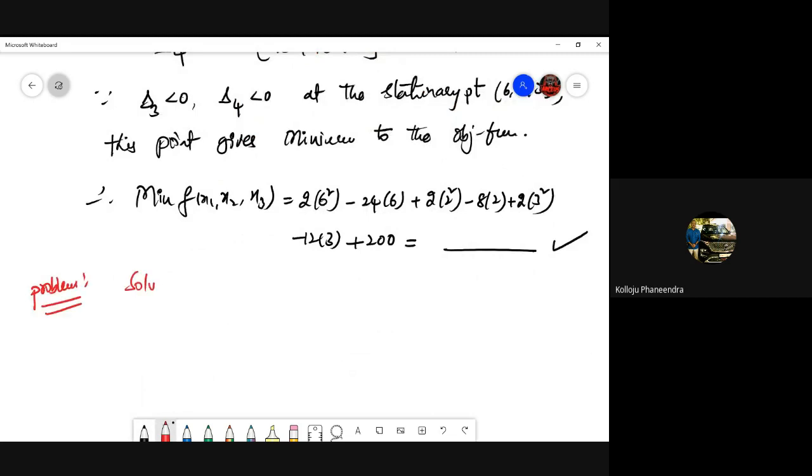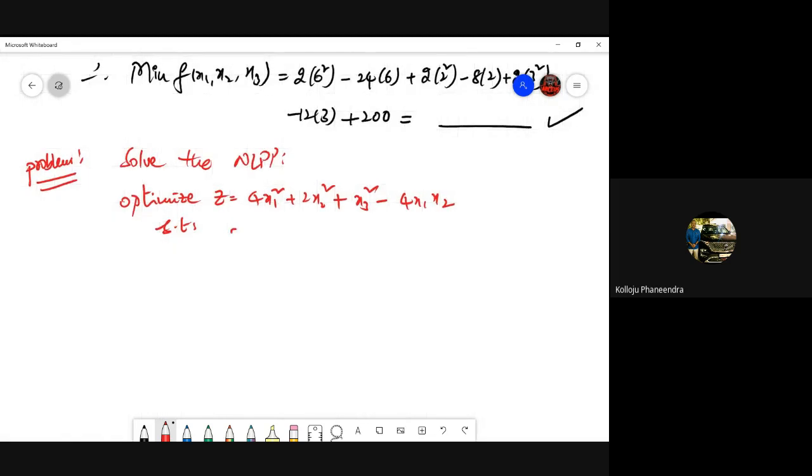Next problem. Solve the NLPP. Optimize z equal to 4x1 square plus 2x2 square plus x3 square minus 4x1 x2, subject to the constraints x1 plus x2 plus x3 equal to 15, 2x1 minus x2 plus 2x3 equal to 20, and x1, x2, x3 greater than or equal to 0.